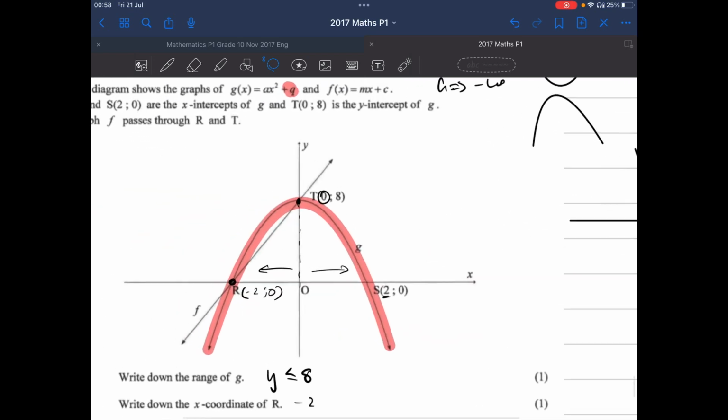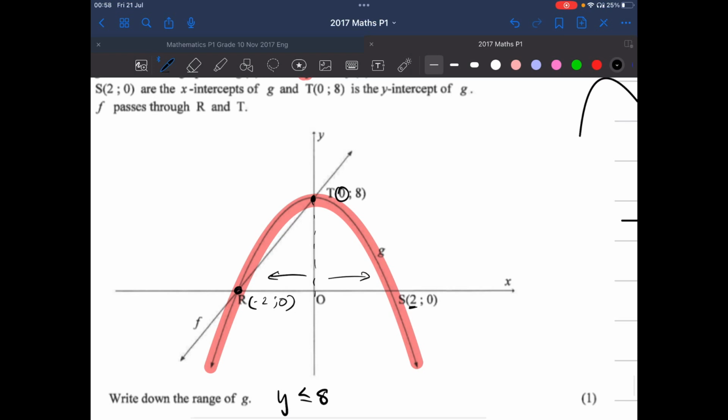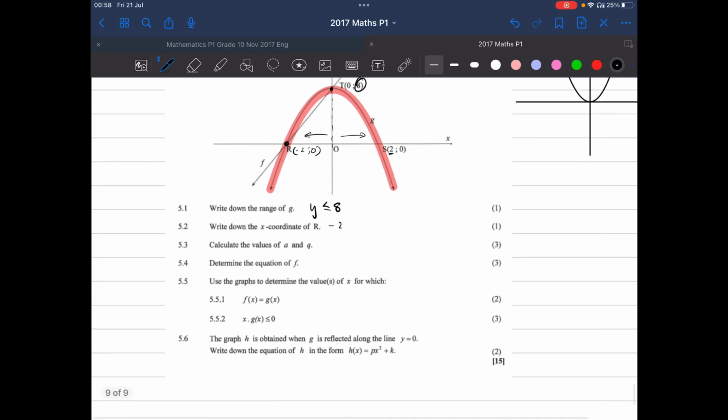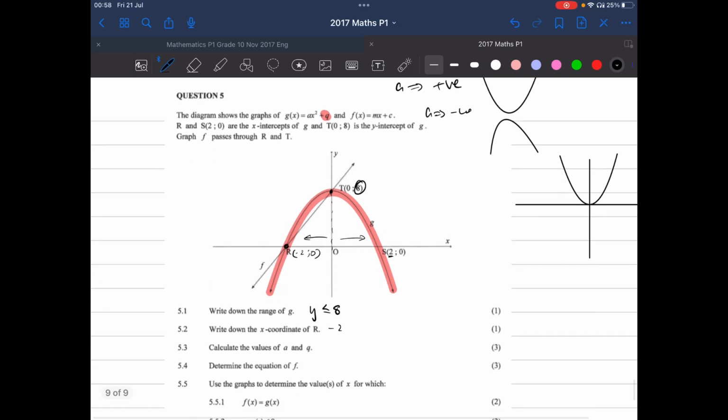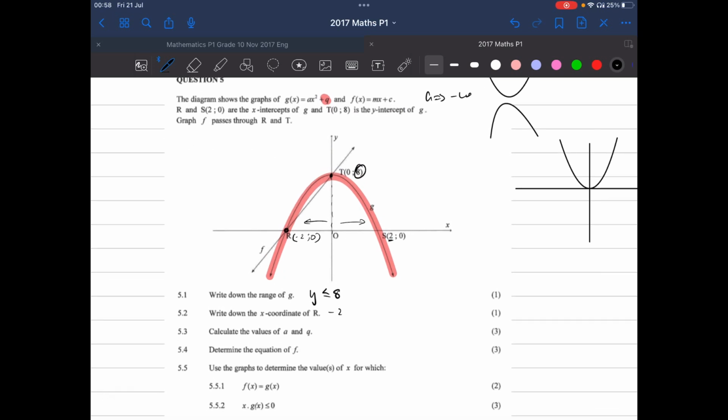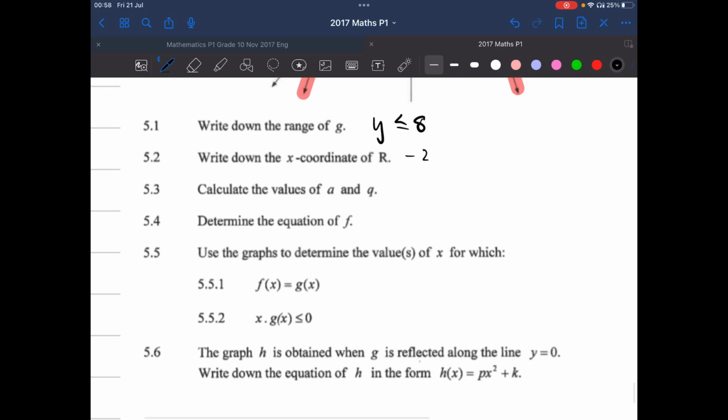So in this case, we're given the vertical shift because they gave us the value of the turning point. Remember we said already that our graph extends up to 8. So that means that q is equal to 8 because that is our vertical shift. Automatically we can say q equals 8. Now let's see what a is equal to.